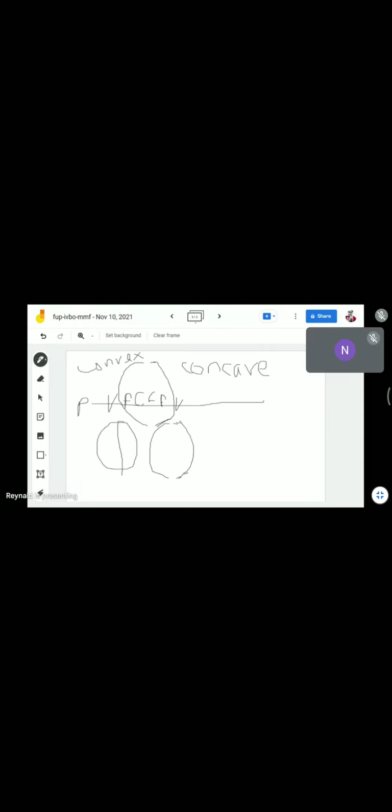Pag tinuturo ko to ng face-to-face, ginagamitan to ng protractor o compass, kasi di ba kayang bumuo ng isang buong bilog pag compass ang gamit, hahatiin sa dalawa. Now, the center of curvature is kung saan sila nahati. Okay? So, madali lang yan tandaan.